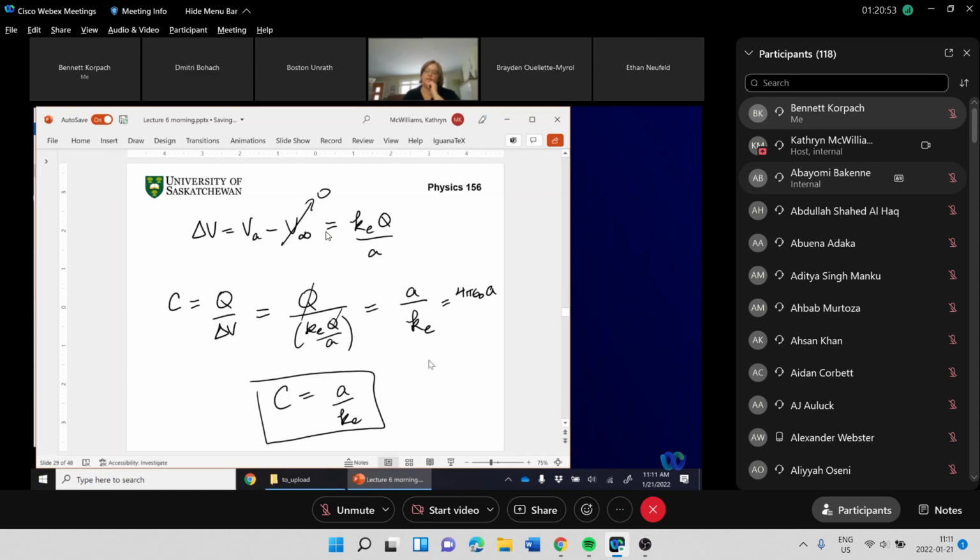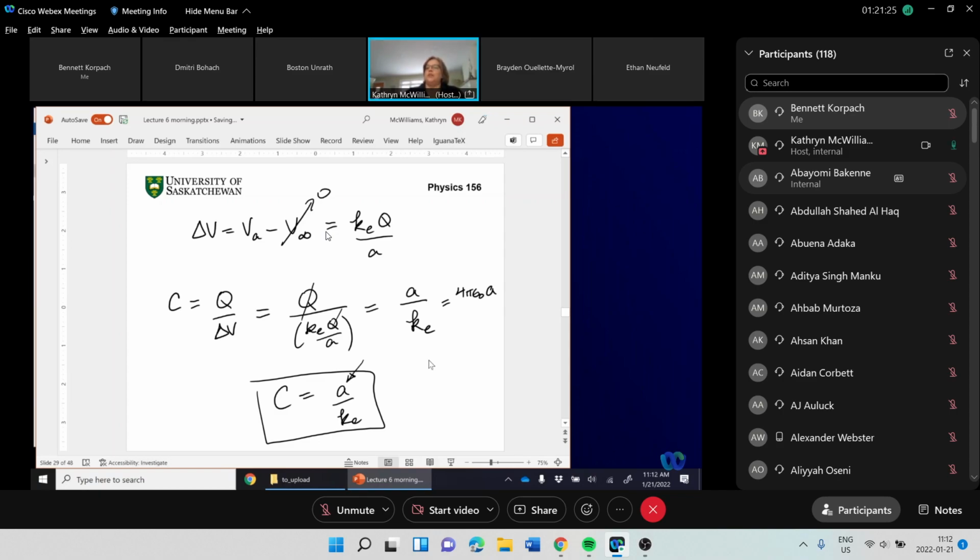This is the version of the capacitance that is just a function of the properties of the device. We have a radius A of the sphere and nothing else in here. So the capacitance is related to the size of the sphere. Good.